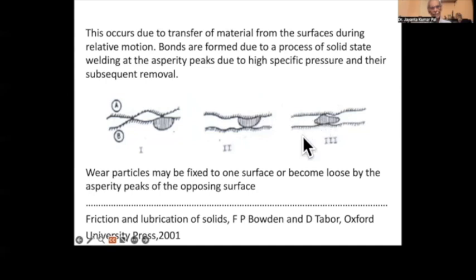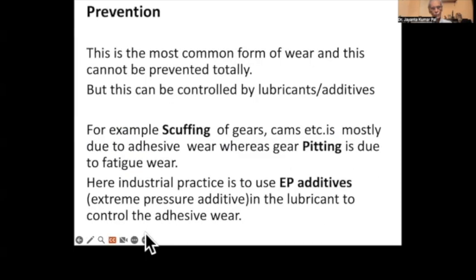Now this wear debris may be detrimental for further wear, because it will be wearing the surface more and more as a three-body wear. So in many cases, we distinguish two-body and three-body wear.